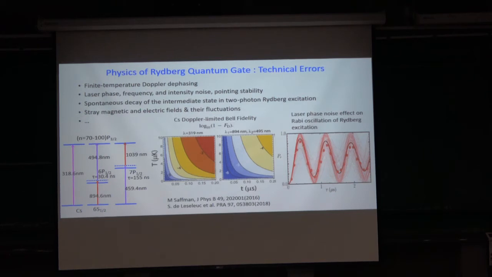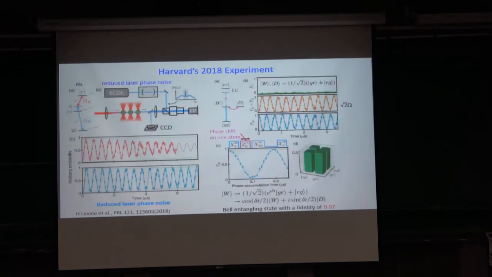So yeah, this study was performed around 2018 by a friend, Anthony Browe's group. In that study, they identified that laser noise is the current limit. So Harvard's group improved the laser performance such that they can get better coherence time between the ground state and the readable state. Before improvement it is like this. After laser improvement it is like this.